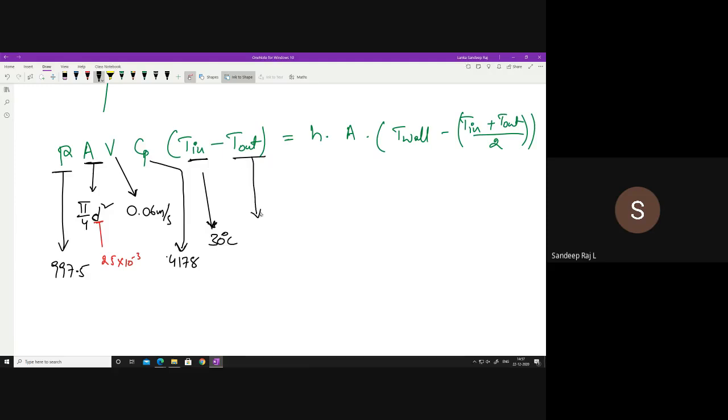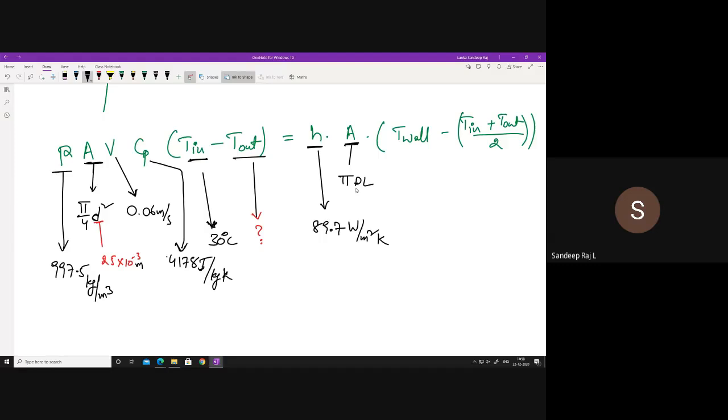This is unknown, you have to calculate this. H you have found out, 89.7 watt per meter square Kelvin. Cp is joule per kg Kelvin, rho is kg per meter cube, d is in meters. Area, what is the area here? Area is pi d l.